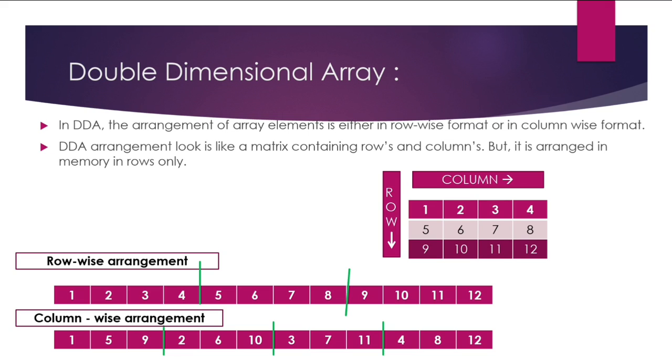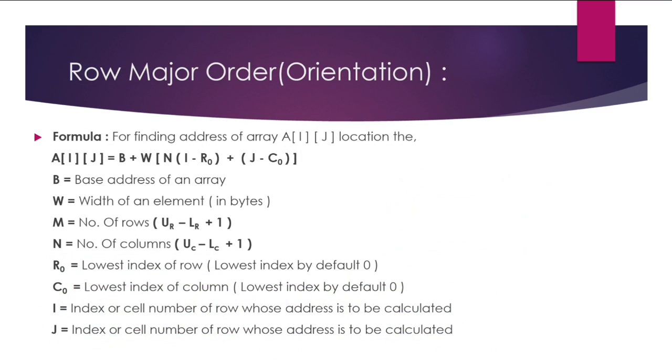Now you are familiar with the row wise and column wise arrangement, and we have different formulas for both of them. See the formula for row major order. We have a formula to find a particular location.